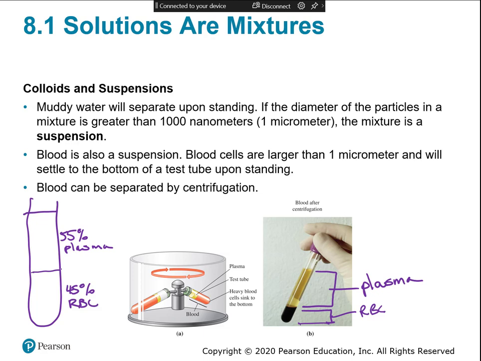That's plasma. The red blood cells and white blood cells and platelets, they're just such a small amount you don't see them. All of those blood cells are suspended in the blood. And why don't they separate out? Because your blood is always what?